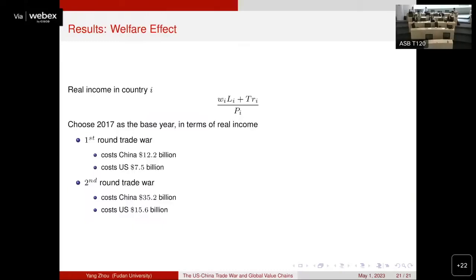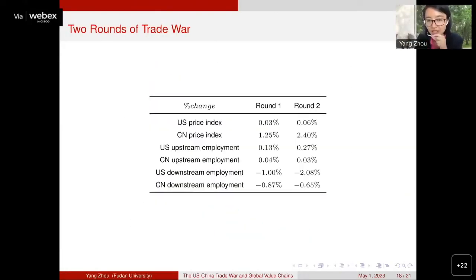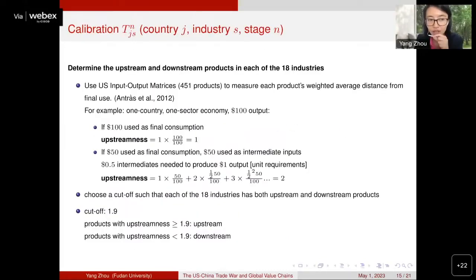Okay, thank you for your question, first of all. So when I calibrate the model, the rules of origin are calibrated based on the year before the trade war. I use the trade flows before the trade war to calibrate the comparative advantage in different countries, different industries, and different stages. I assume this comparative advantage, which is captured by this particular parameter here, doesn't change over time.